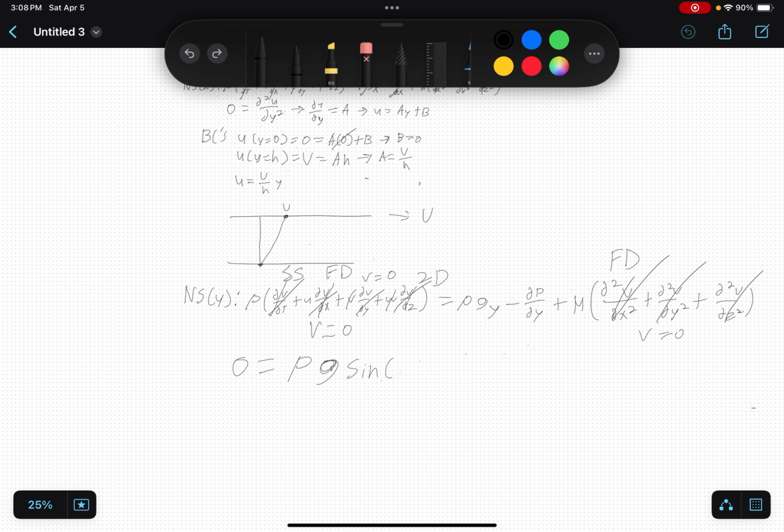So 100% of the gravity is in the y. Okay, I'm going to rewrite this. So dp dy is on the left. That equals rho gravity. And actually I missed a negative. There's a negative right there, because gravity is pointing down and we defined positive y as pointing up.